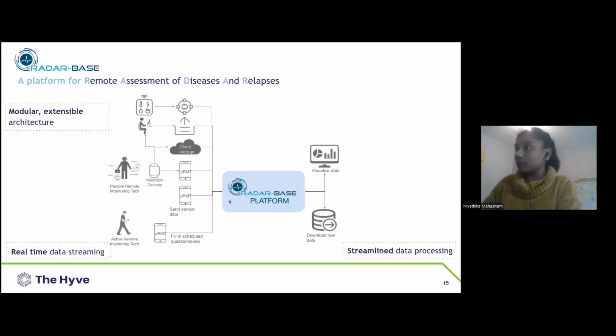So we have an architecture and a pipeline that's implemented so that everything that's coming into the platform and how it's processed is quite streamlined across different data ingestions or wearable devices. And last but not least, the platform is open source, and we also try to use open source technologies to build the platform itself, so it can be sustained as an open source platform.